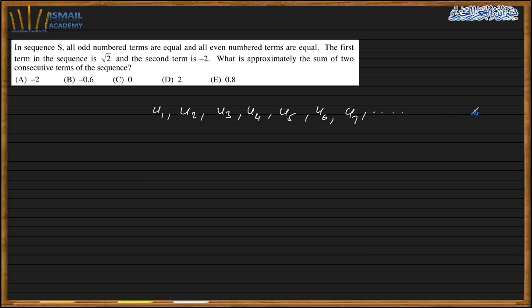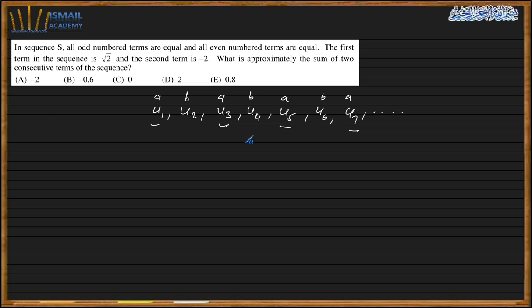All odd numbered terms, that is U1, U3, U5, U7, are equal and represent the same quantity. It's like this is A, this is A, this is A, and so on. And all even numbered terms are equal. If this is B, this one will be B, this one will be B, and so on.